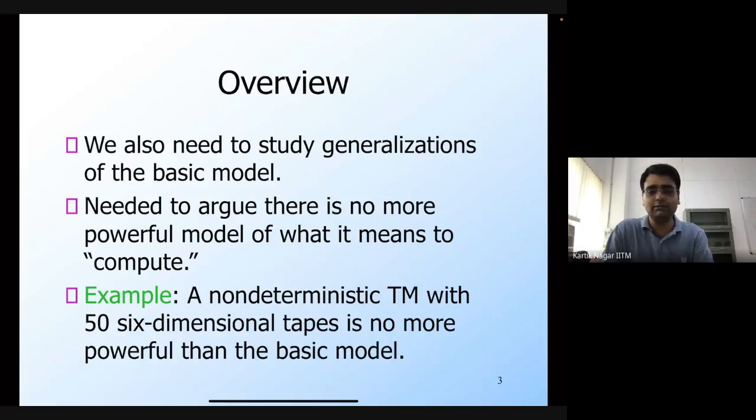But if you have a non-deterministic Turing machine with many tapes, say 50 6-dimensional tapes, then this Turing machine is no more powerful than the basic model, which means that any language computed by this seemingly more powerful Turing machine can also be computed by our basic Turing machine.